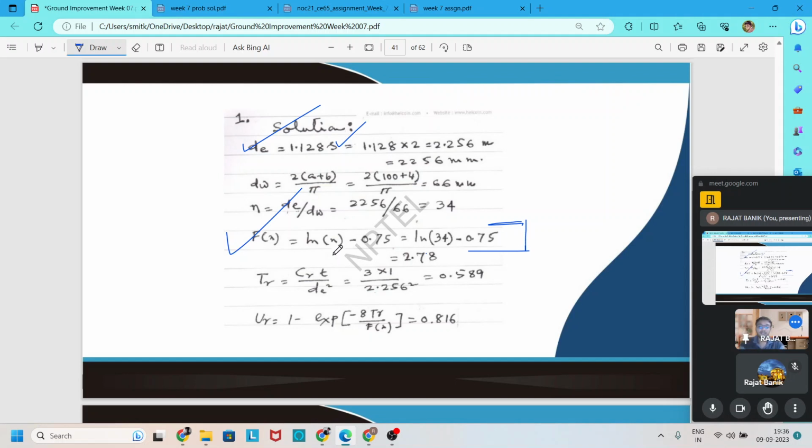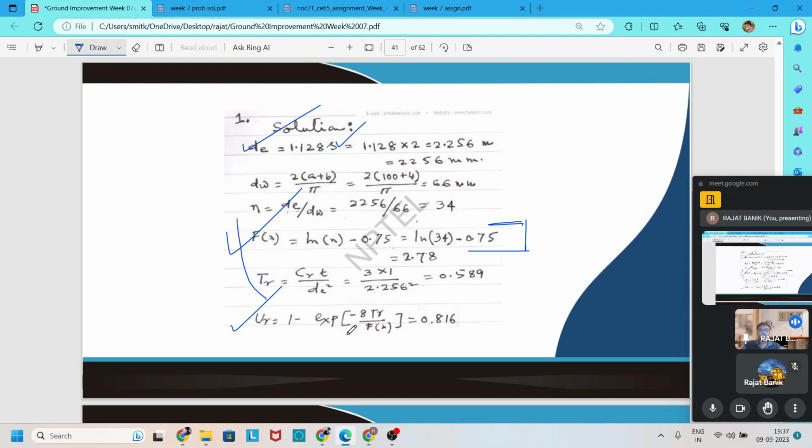So it is nothing but ln n minus 0.75, and it comes to 2.75. And then we find out the time factor for radial drainage, and it comes to 0.589.